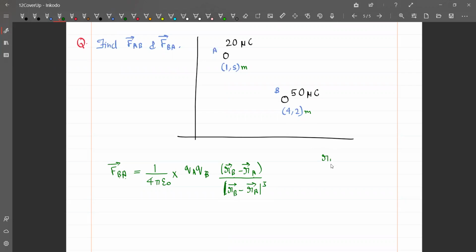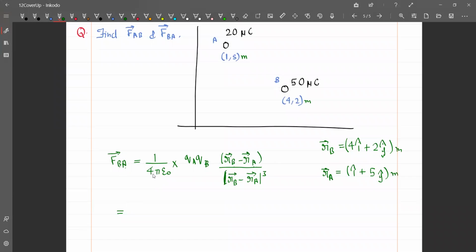So RB vector can be written as 4 i cap plus 2 j cap, of course in meters. And RA vector will be written as i cap plus 5 j cap in meters.